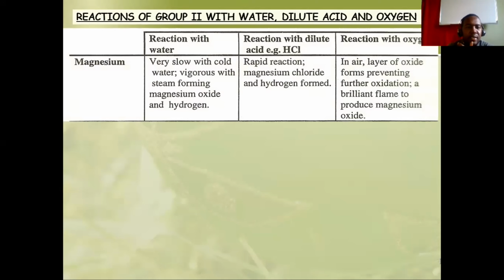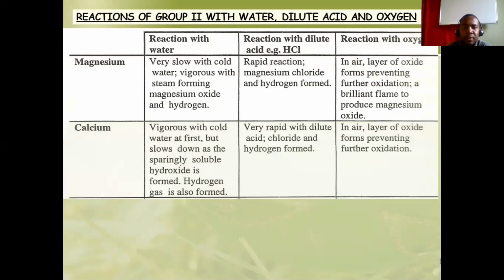With dilute hydrochloric acid, it's a rapid reaction, meaning it happens fast, and we get magnesium chloride and hydrogen gas. With oxygen in air, a layer of oxide forms, preventing further oxidation, with a brilliant flame to produce magnesium oxide. So when magnesium reacts with oxygen, it forms the oxide layer, which prevents it from corroding.